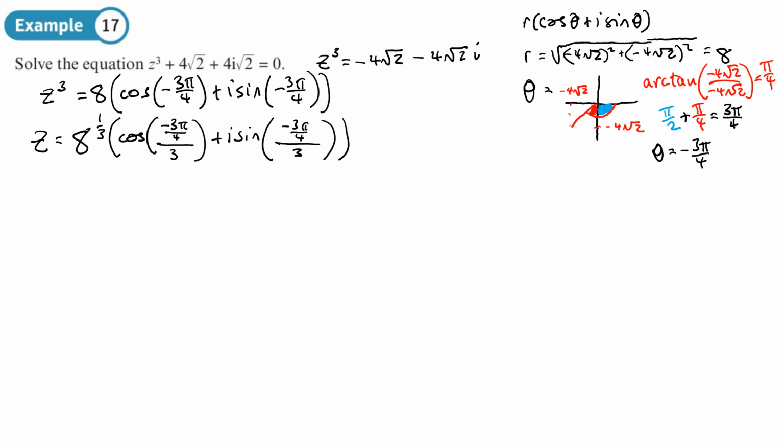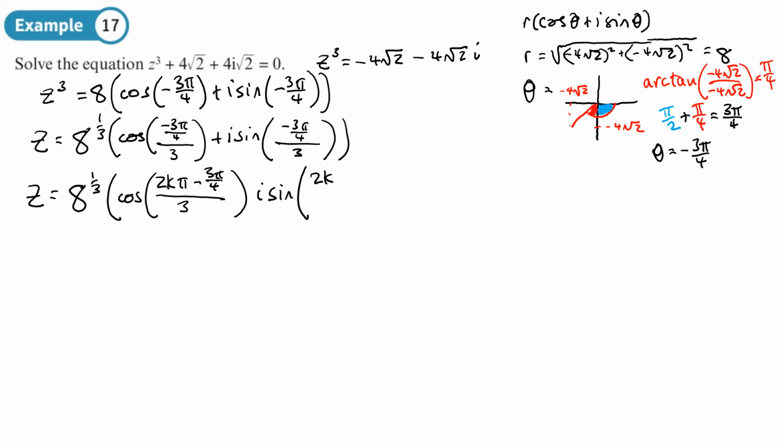Then we need to show appreciation for the fact that there are other roots where we're adding multiples of 2 pi. So we need to add multiples of 2 pi to the original argument, then divide by 3.